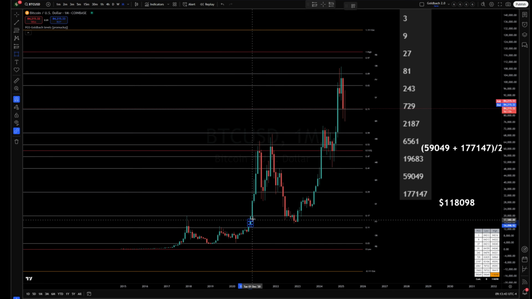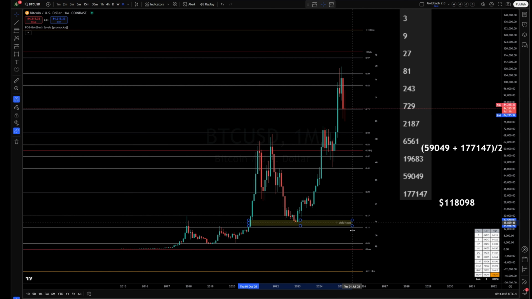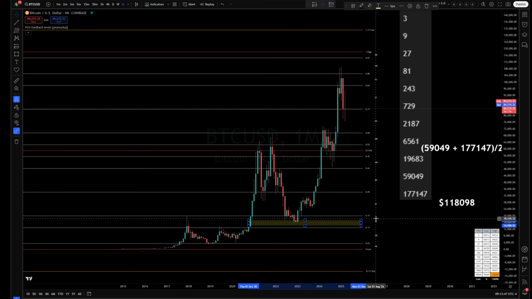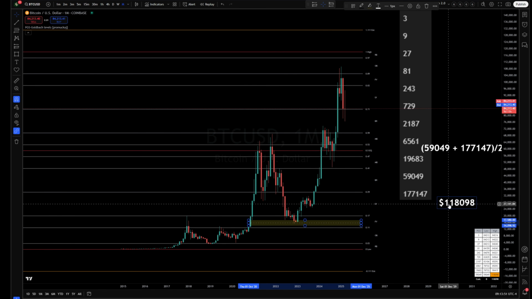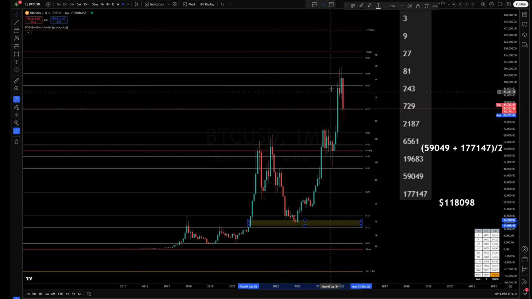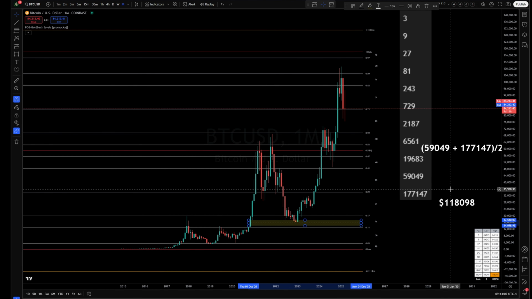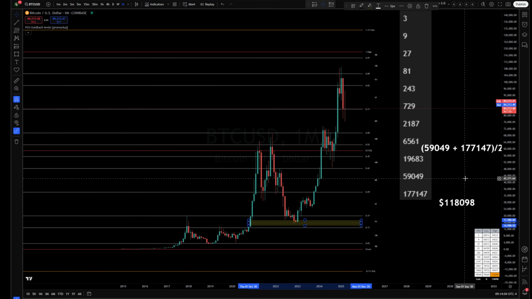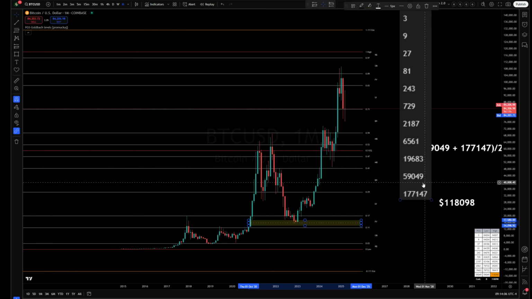We have a monthly fair value gap in the fair value gap partition for the hidden dealing range. This is how you start to understand why price doesn't move in a straight line. However, it is still mathematically defined. It's just that the hidden Goldbach dealing ranges haven't been taught until now.